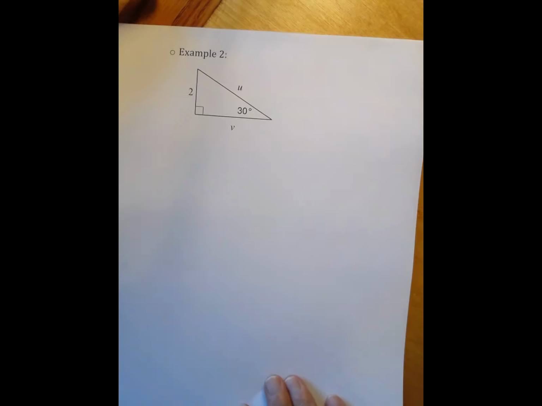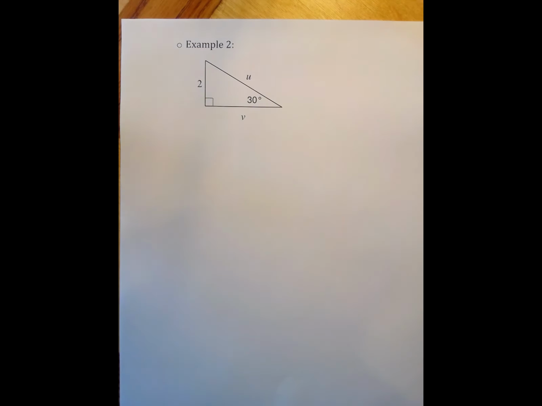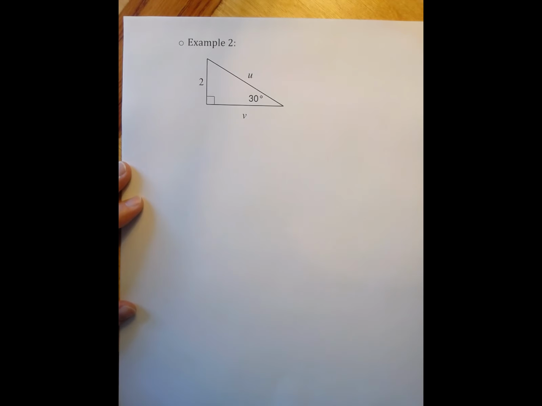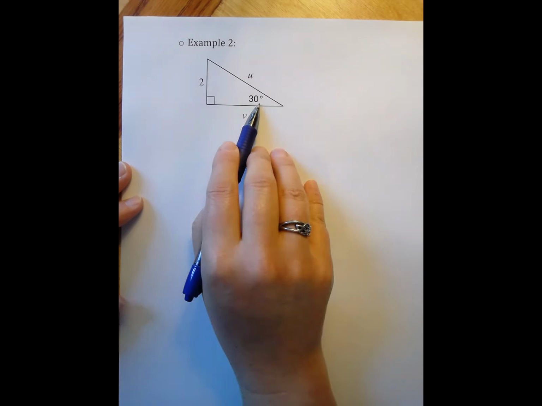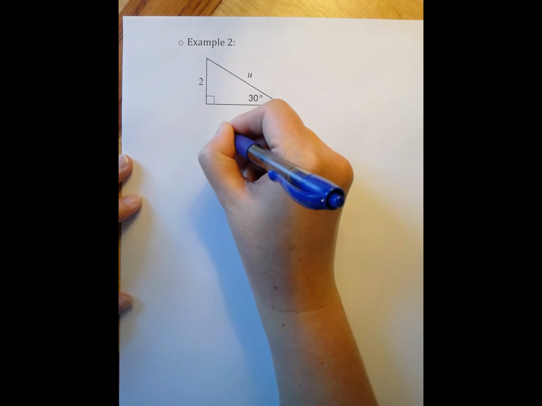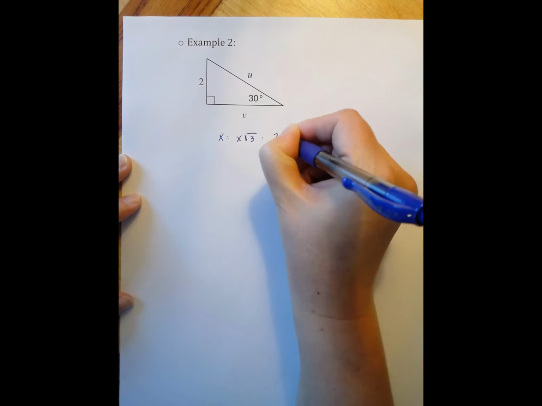Last example. In this example, they don't actually label the third angle, but we know that the three angles in a triangle add up to 180, and if this is 90 and this is 30, this one has to be 60. So they give us a 30, 60, 90. So my ratio is x, x root 3, and 2x.